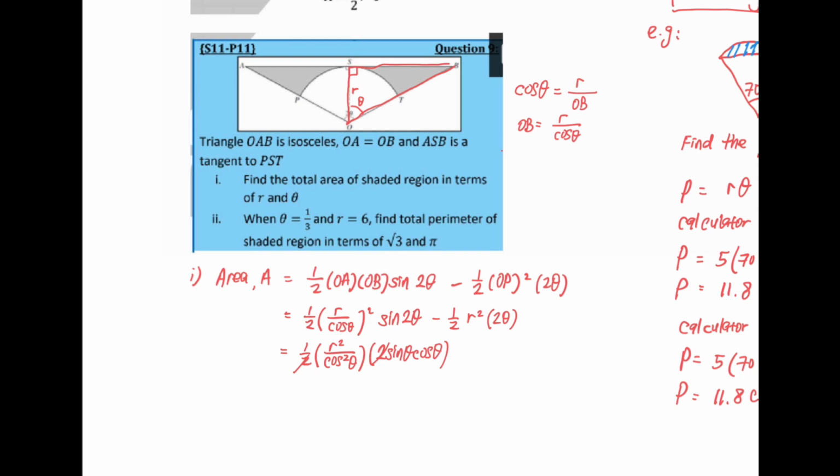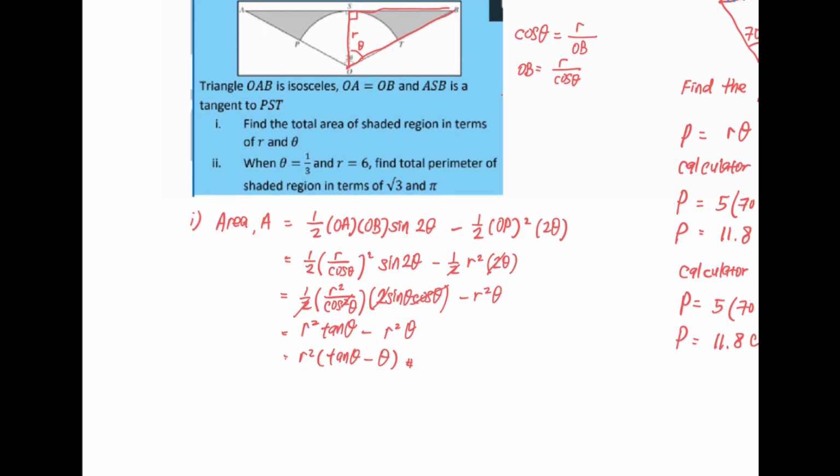Then I can cut the cos, and then the back one I just cut the 2. I get R square theta. Now I get R square, sine over cos is tangent, minus R square theta. So factorize the R square, I get tangent theta minus theta. Okay, so this is the area.